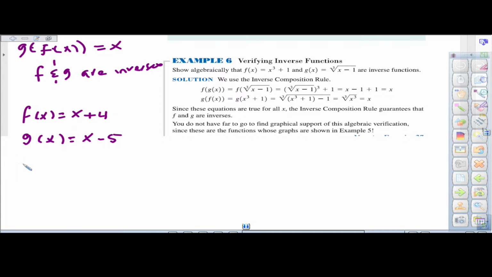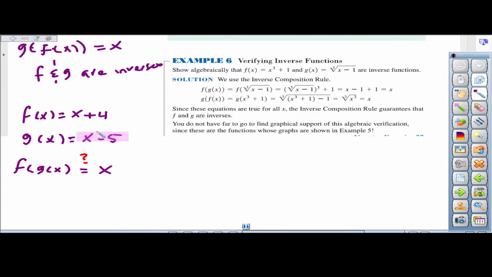Well, let's see. If f of g of x equals x, let's see if that is true. I have an equal sign here, but we're testing this. We're not sure yet. So I've got f of g of x. Somebody help me with the composition. What's my starting point here? G, that's true. I'm going to take g the way it is, the g box, and put that whenever you see x into your f function.